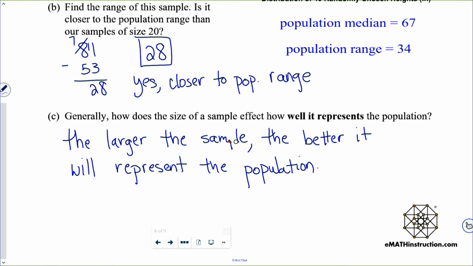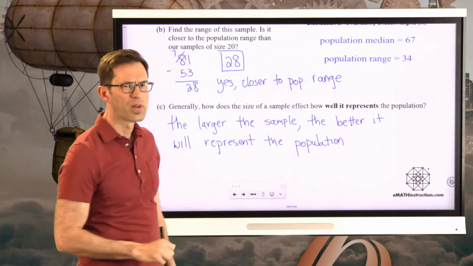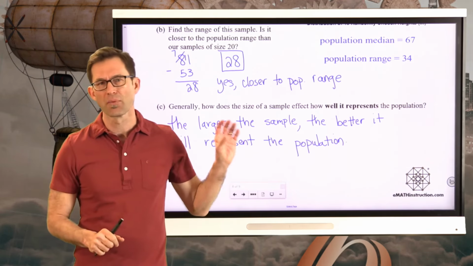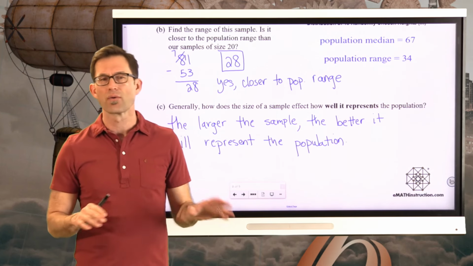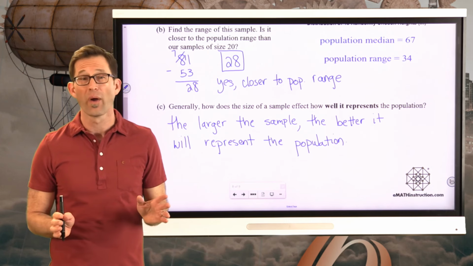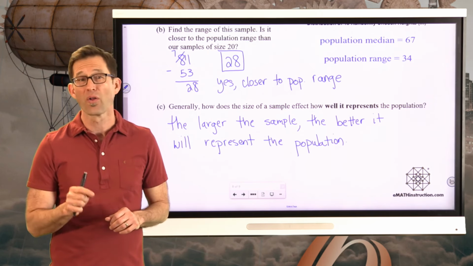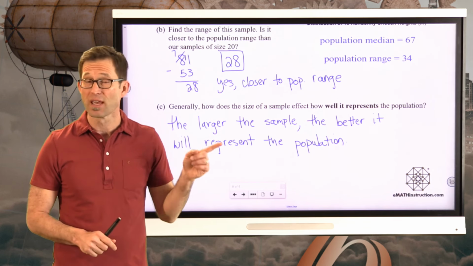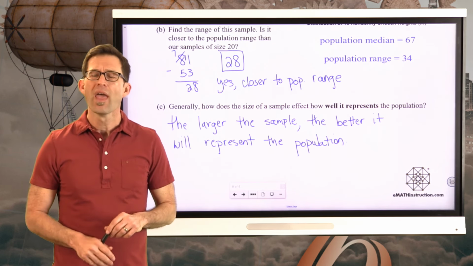And in advanced statistics, you get into all these different rules of thumb for, well, if the population is this big, you want a sample size of at least this much, et cetera, et cetera. Generally speaking, statisticians always like to stay away from sample sizes that are smaller than 30. So, those samples we took of 20, maybe not the best, but a sample of 40, pretty good, right?